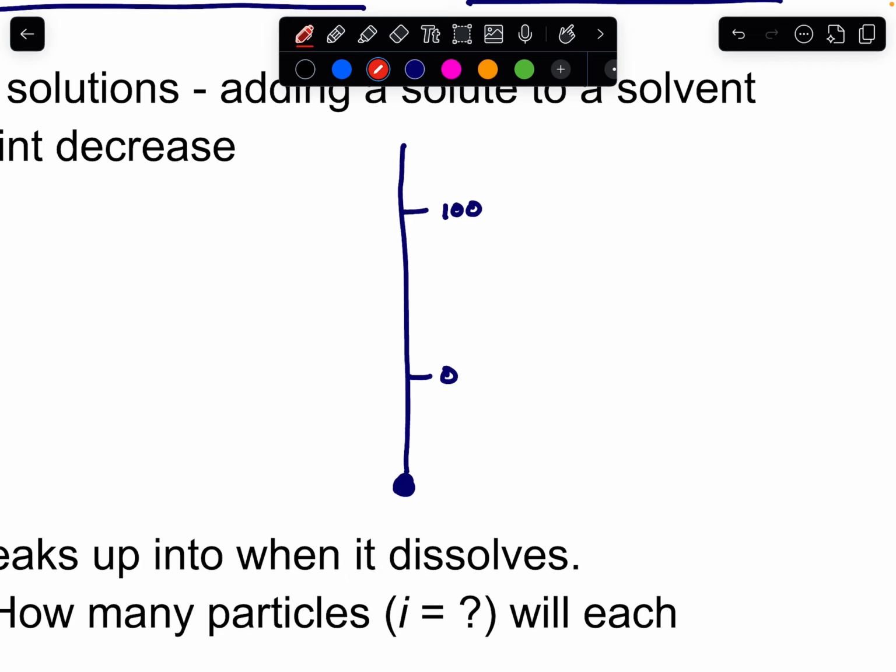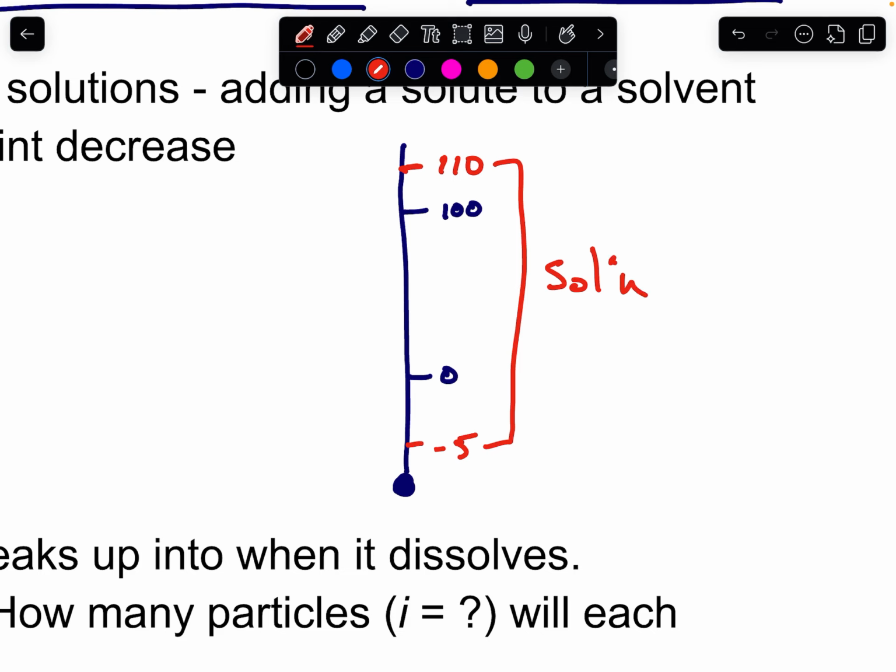If I add a solute in here, we're essentially going to be increasing the temperature that it boils at. So let's say maybe it increases up to 110 degrees. It's also going to lower the temperature that it freezes at. Let's say it lowers it down to, say, -5 degrees.